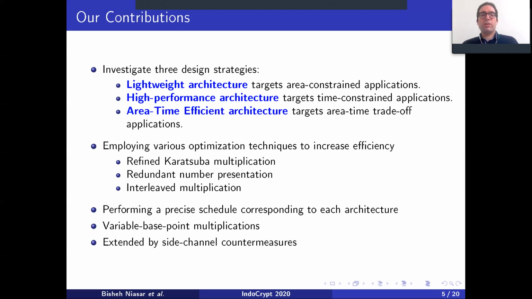We also use different optimization techniques to increase our efficiency, including refined Karatsuba multiplication, redundant number representation, and interleaved multiplication. We designed a process scheduling corresponding to each design to provide the required speed up compared to previous work. All of our implementations are variable base point and are extended by side channel countermeasures.